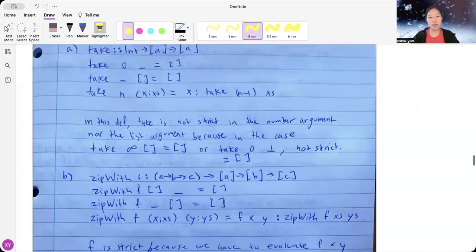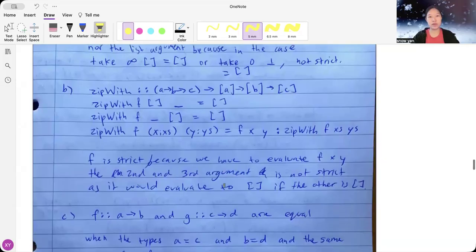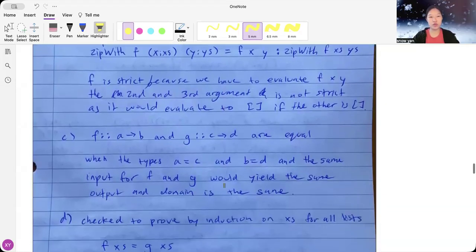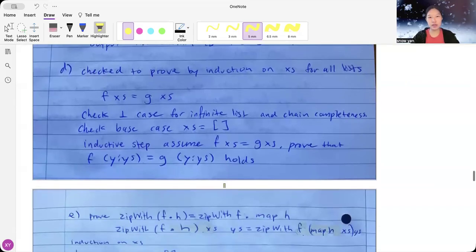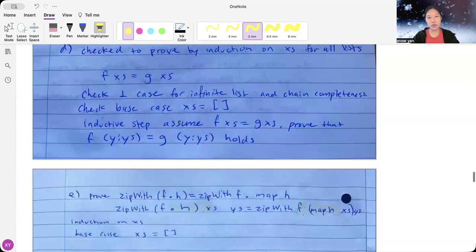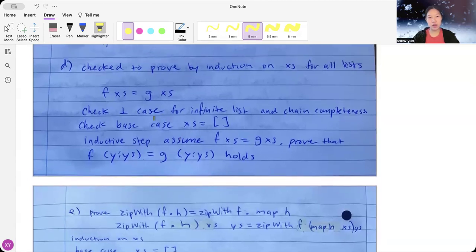For part A, part B, the functions were correct, but the strictness argument is wrong. For part C, it's correct. For part D, I think overall it is correct, but it's a bit iffy with the chain completeness part of the argument.